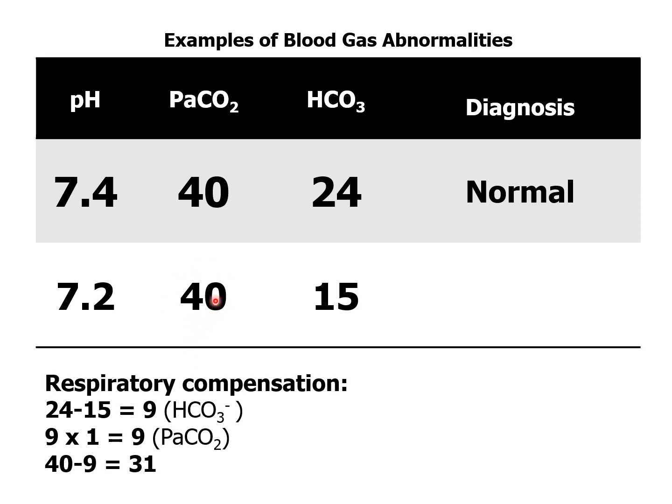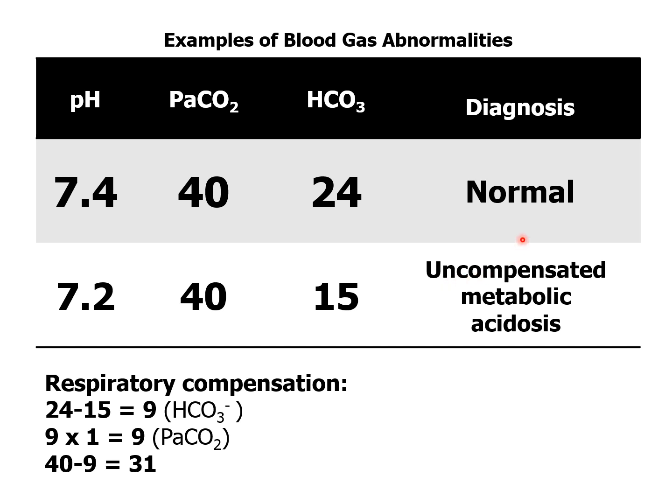So since there is a 9 here, 24 minus 15 is 9, this should also decrease by 9. Since the ratio is 1:1, 40 minus 9, this should be 31. So since there is no compensation, this is an example of an uncompensated metabolic acidosis.